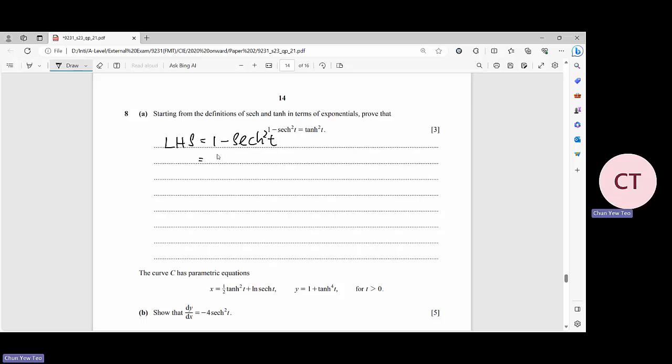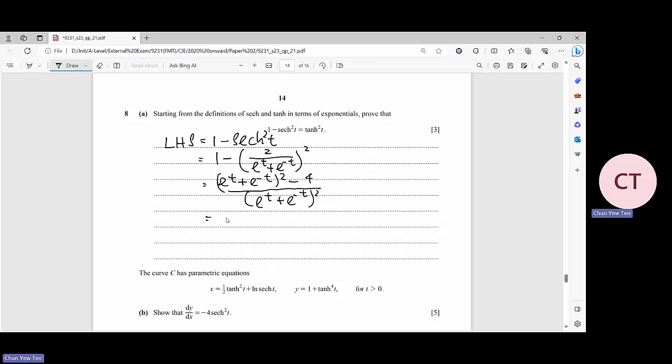Sech squared t. Over here, the definition: sech is actually 1 over cosh, and 1 over cosh is this. This is the definition. So you square it, then you will get (e^t + e^(-t)) squared, minus, 4 divided by this. Okay, so you get something like that.